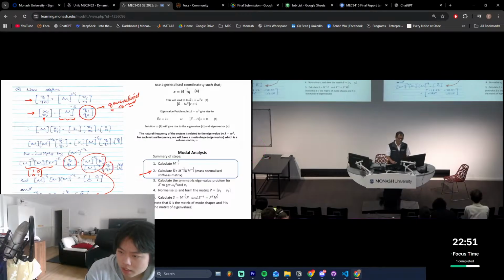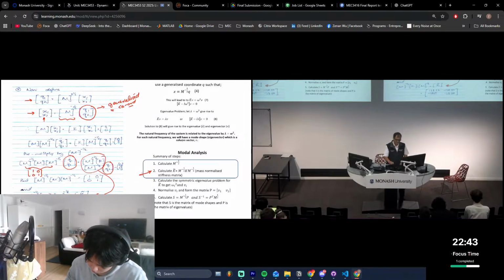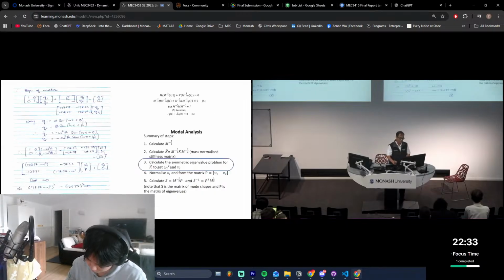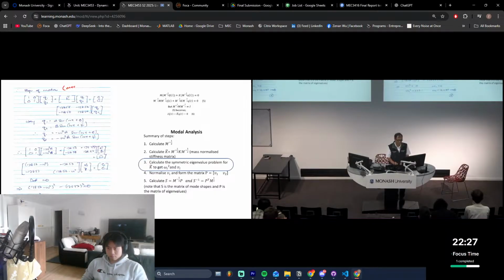I could just skip all of that and just calculate the normalized stiffness matrix. Now that I've got this so-called mass normalized equation of motion, I will be in a position to move on to step number 3, which is to calculate the natural frequencies, or pick up the eigenvalues of this problem. I have rewritten here the mass normalized equation of motion.